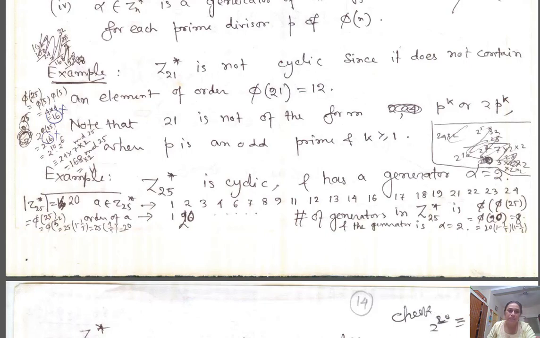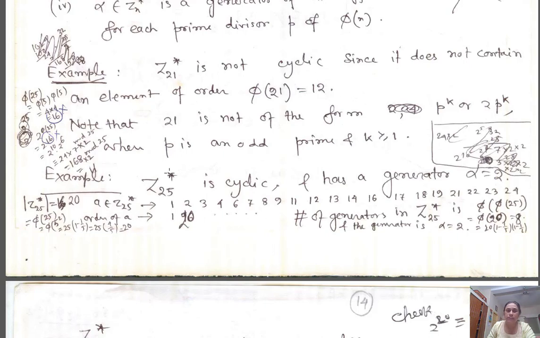Phi is multiplicative, but you can write phi mn to be phi m into phi n only provided m and n are co-prime, so that is not a valid thing. So this is the formula. Phi 25 is 20. So there are 20 elements, you can list them down, and you can find the order also.